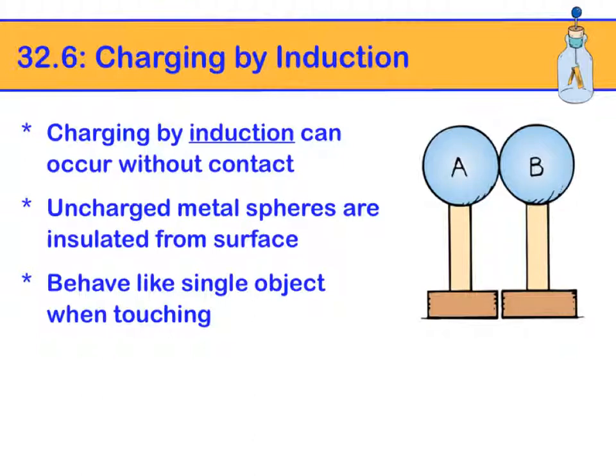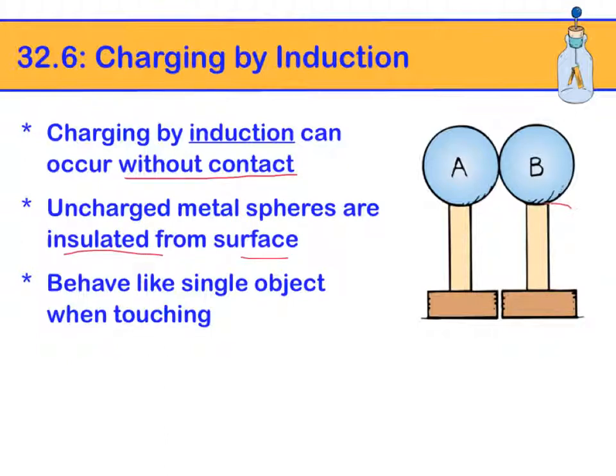Now we're going to talk about a third method of charging, and that is by induction. Induction can happen without actually touching anything, so it can happen without contact. There's a key thing we need to understand here. Right now we've got two neutral metal spheres, and they are insulated from the surface.